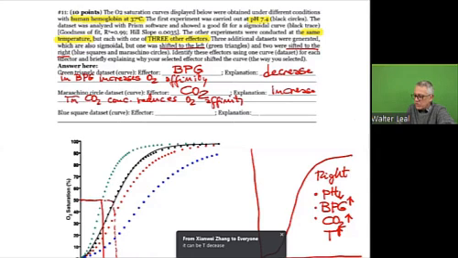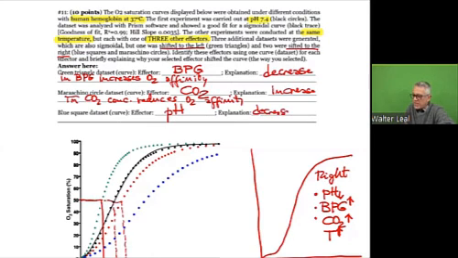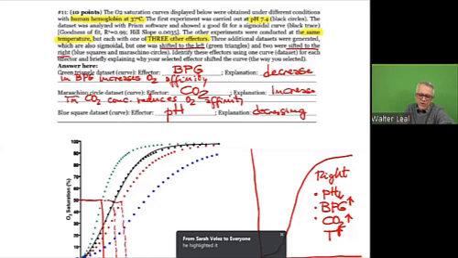And finally, I have to use pH now for the third one. If I use pH here, then what will happen? pH going to the right. That is exactly the Bohr effect, right? Decreasing pH is going to cause reduction in the affinity for oxygen. That's the Bohr effect. That's an easy one, right?